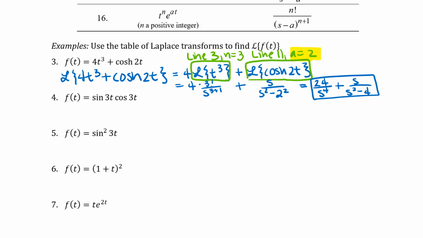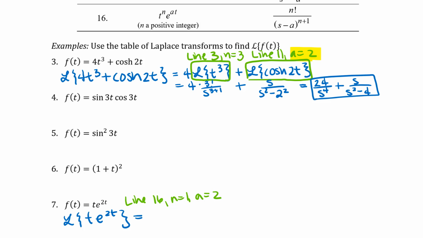Number 7 actually is in the table, and that's line 16. So let's go ahead and do that one, because that one's kind of the easy one here. So the Laplace transform of t times e to the 2t. I'm going to be using line 16. n is going to be 1 and a is 2.